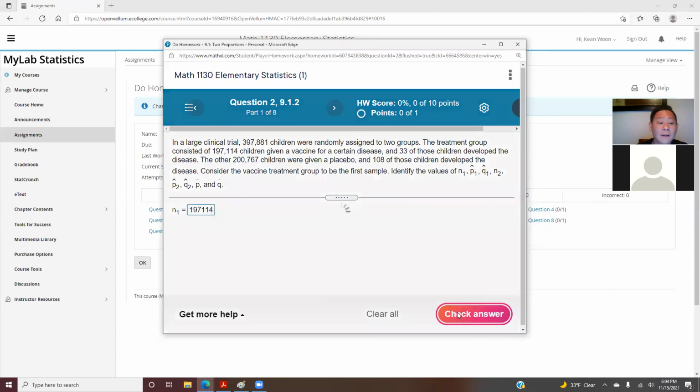Okay, P1. How do you find P1? What does P stand for? It's proportion, right? So out of this many people who got the vaccine, how many got the disease? 33. So what proportion is that? For example, if I got 33 females out of this many, what is the proportion of females?